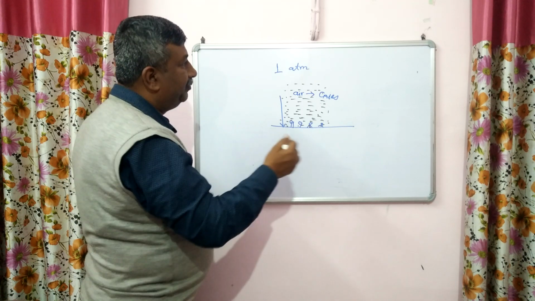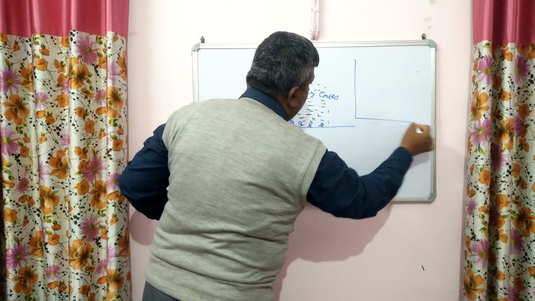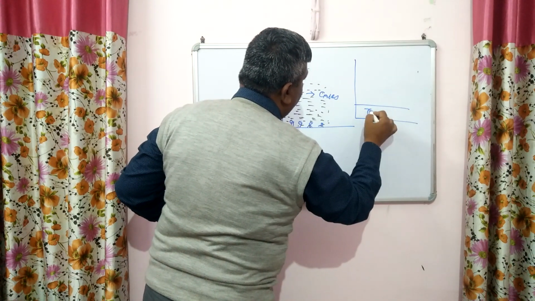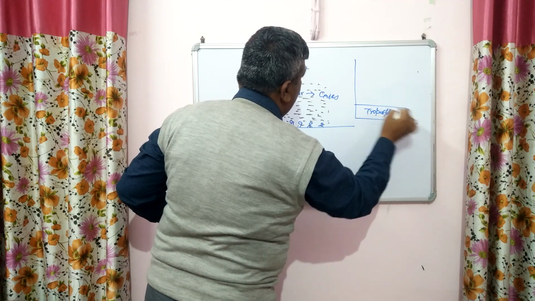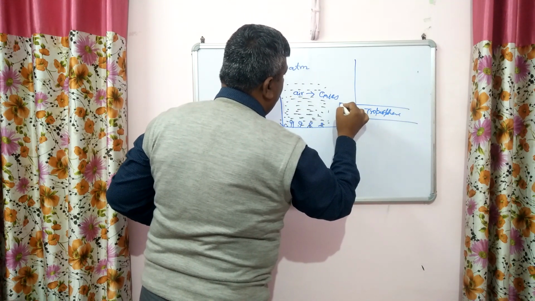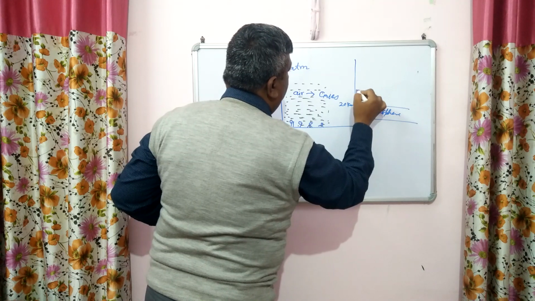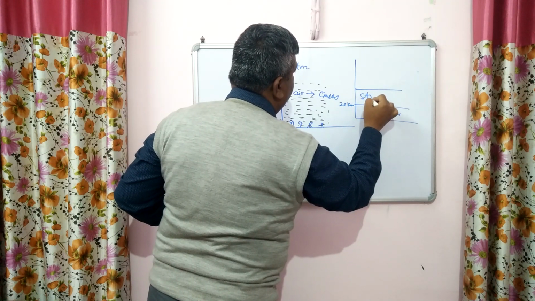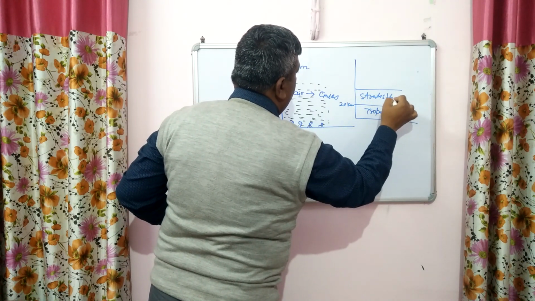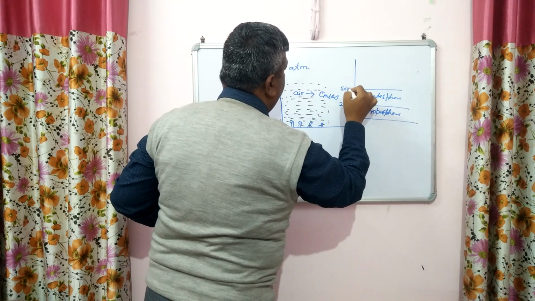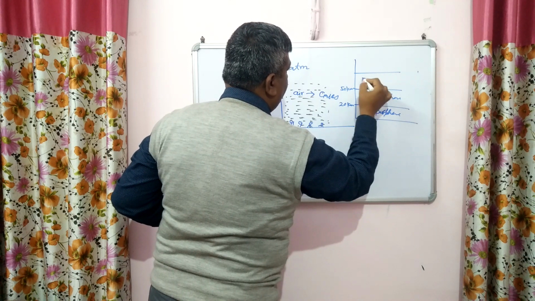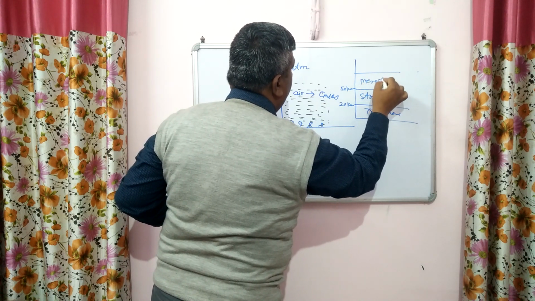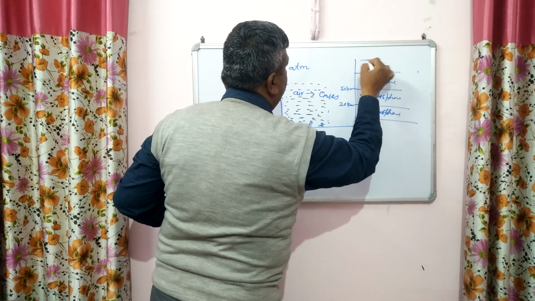So we can understand it like this: this is the troposphere. Its height is about 20 kilometer. Then the stratosphere, height is about 50 kilometer approximately, and then the mesosphere, and then the thermosphere.